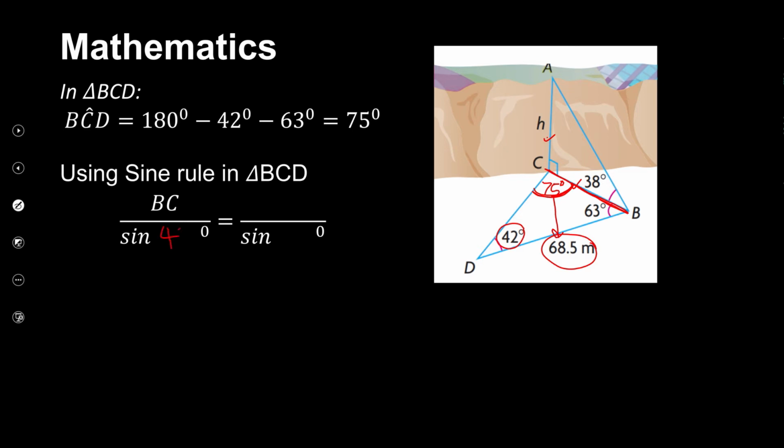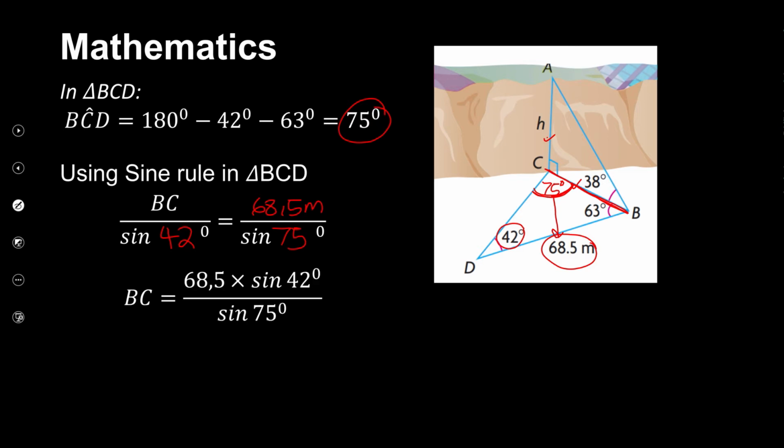So BC over sine 42 must equal 68.5 meters over the angle across it, and the angle across that side is 75 degrees. That's the one we just found. We've got to just rearrange this to get BC. So BC is equal to 68.5 times sine of 42 over sine of 75.